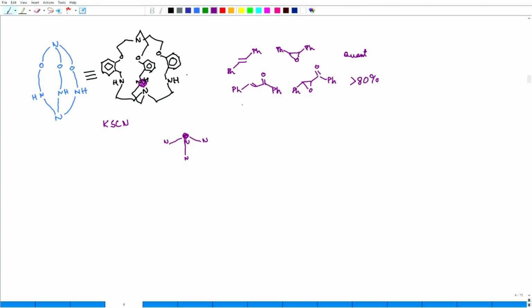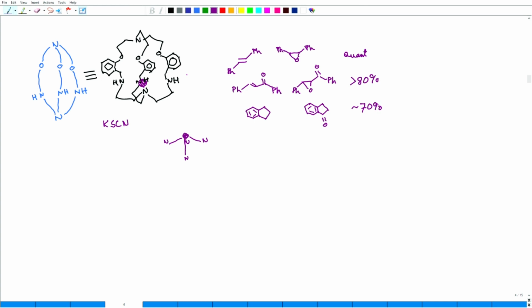If you take compounds of this type, the product will be about 70%.